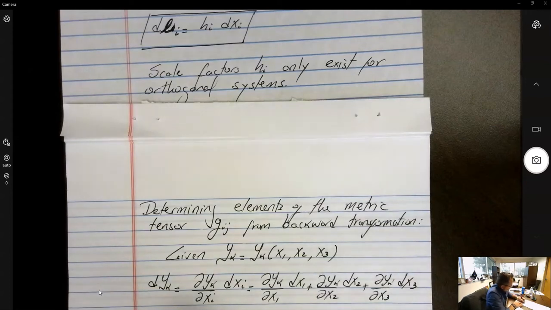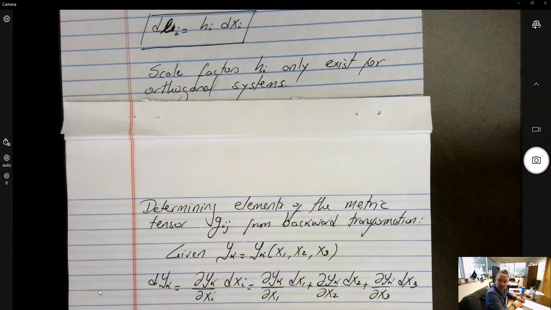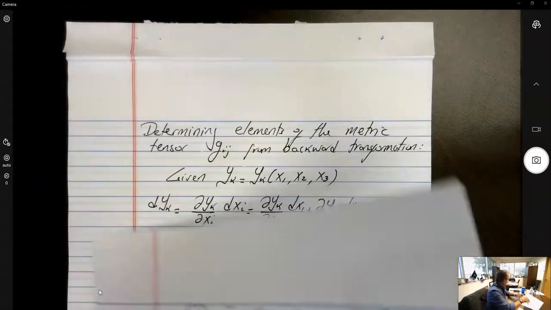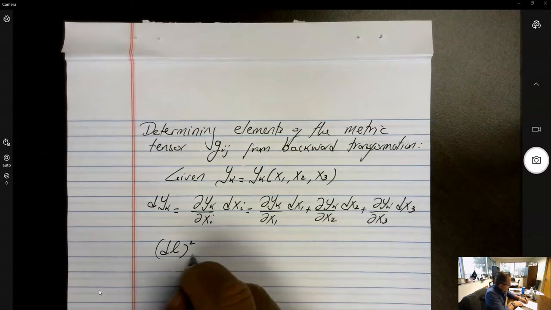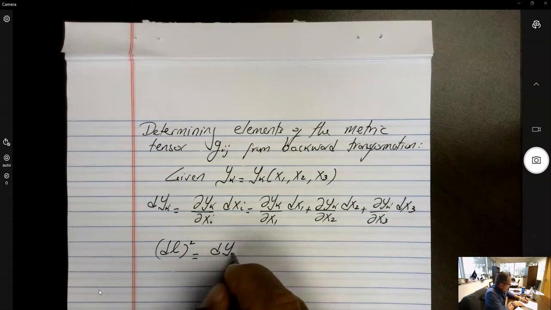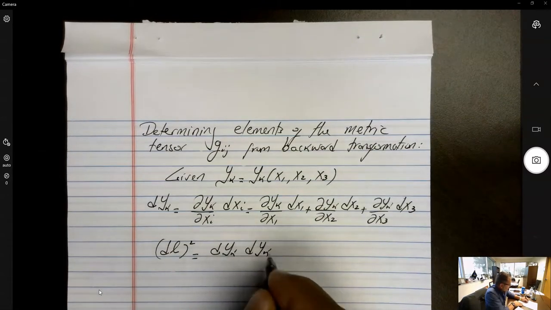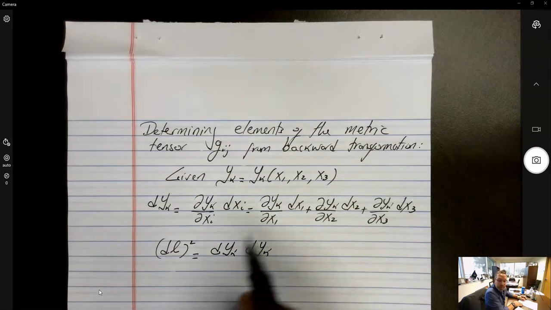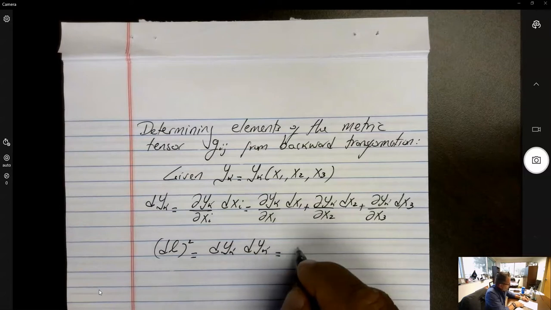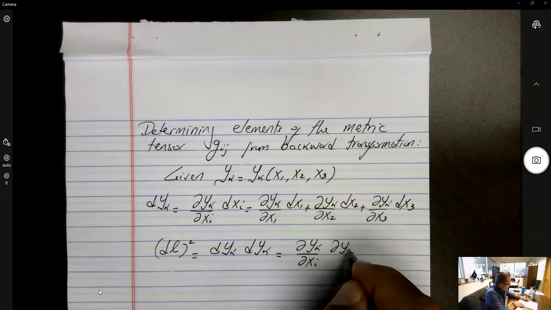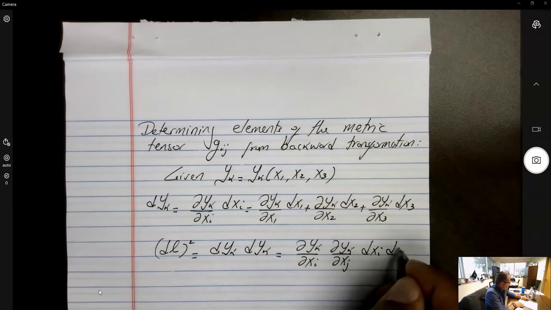So we can express dl square, the square of the differential arc length, as dyk times dyk, as a summation of this one times this one, because that gives us exactly what we had expressed before. So dyk dxi dyk dxj times dxi dxj.